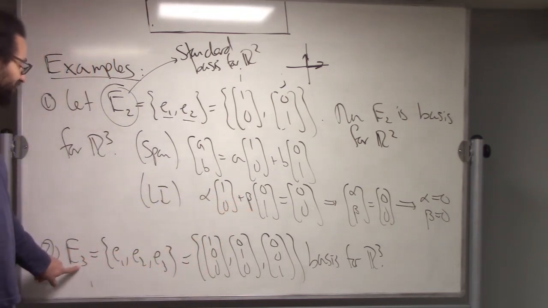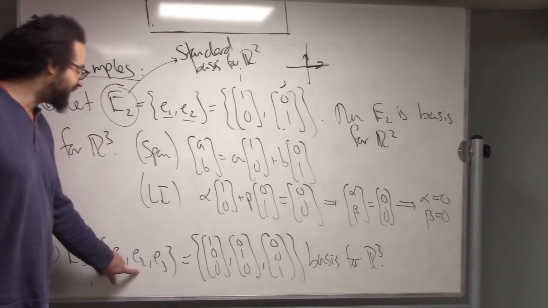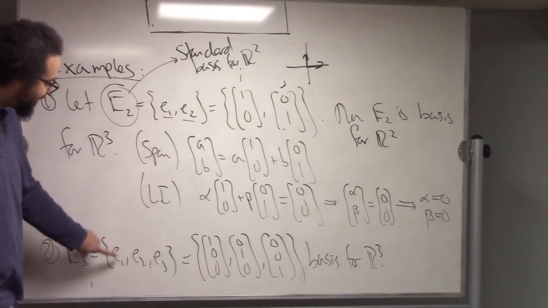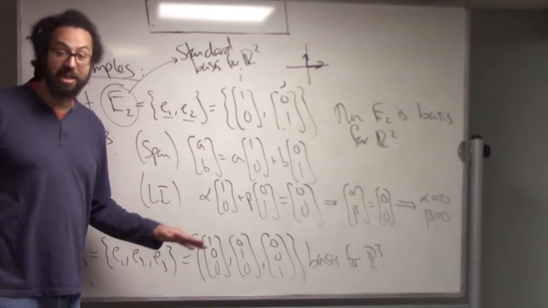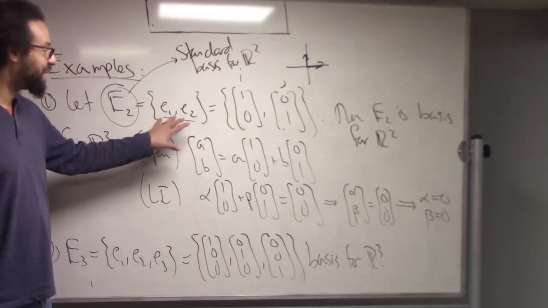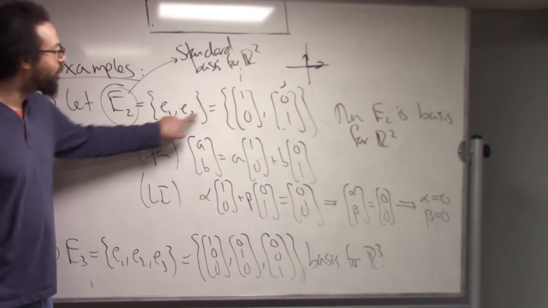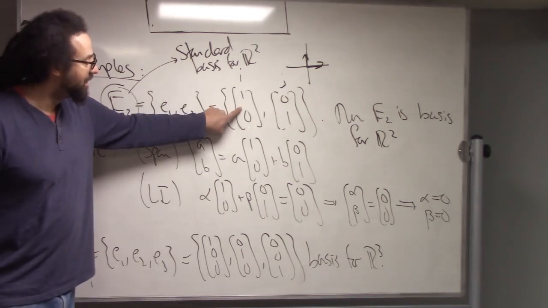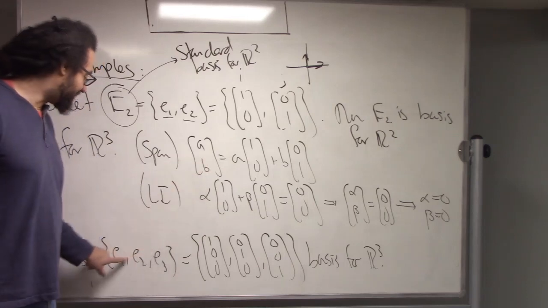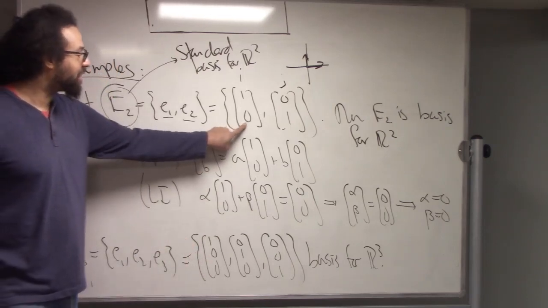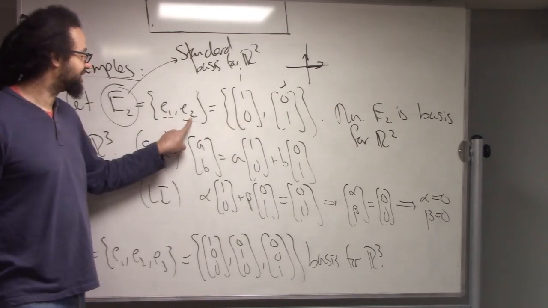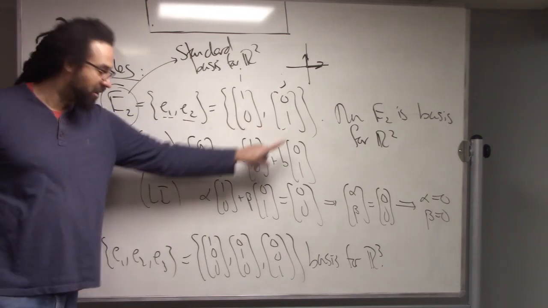So now let E3 be the vectors e1, e2, and e3. And yes, e1 and e1 have the same names, but it'll be clear from the context which space we're talking about, right? If e1 is written this way, then you know it's in R2. If e1 is written this way, then you know it's in R3. So this is the first standard basis vector, and this is the second standard basis vector in R2.